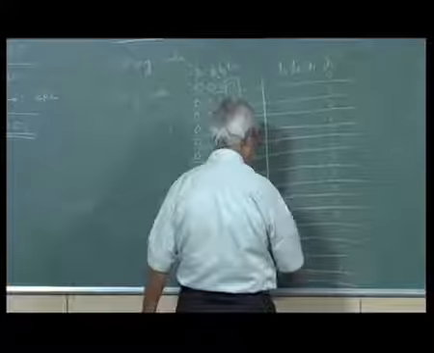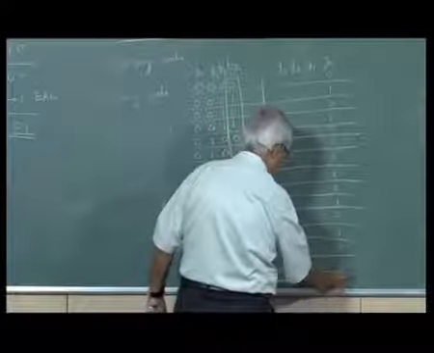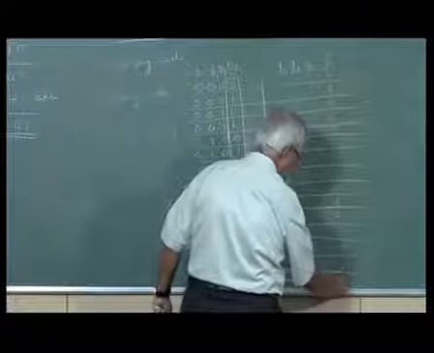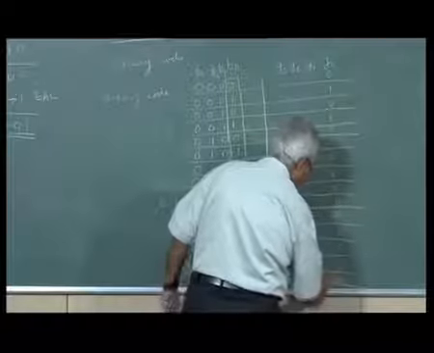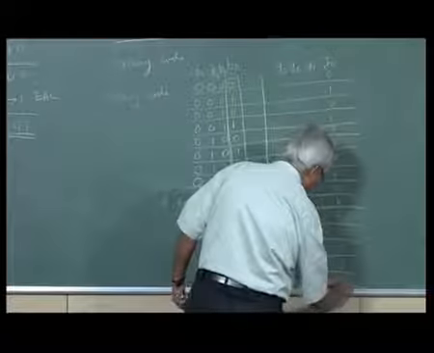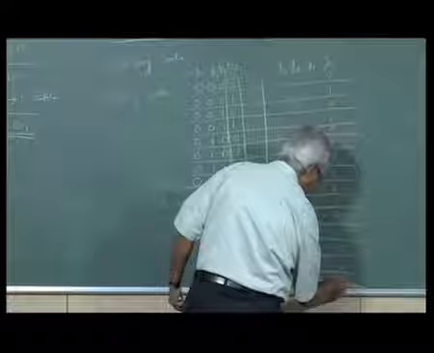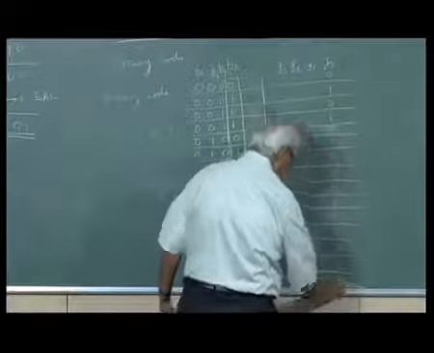I think this is 0, this is 1. Let me do it properly. You should never go to the end of the board, like you can never go to the end of the world.